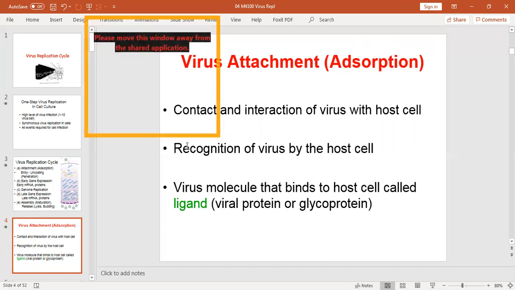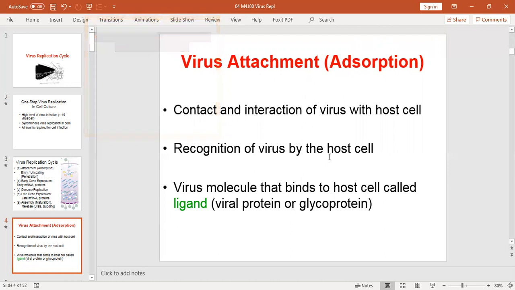So the virus needs to be recognized by the host cell, and this is done through the interaction of the virus with specific surface structures called receptors. Those molecules of the virus that bind to the host cell are called ligands.